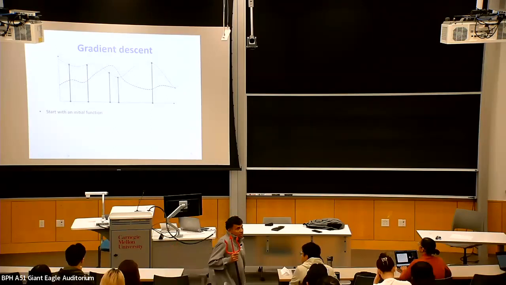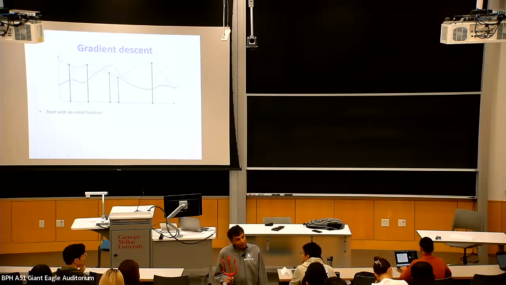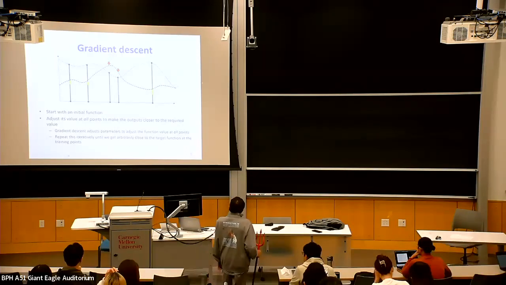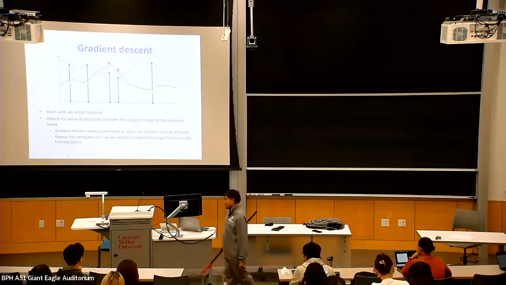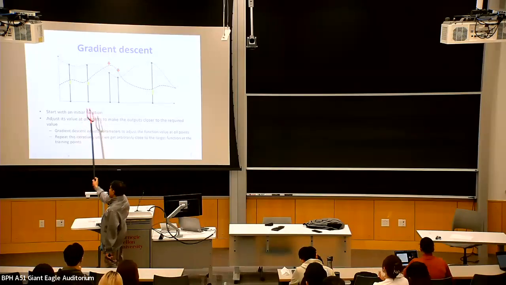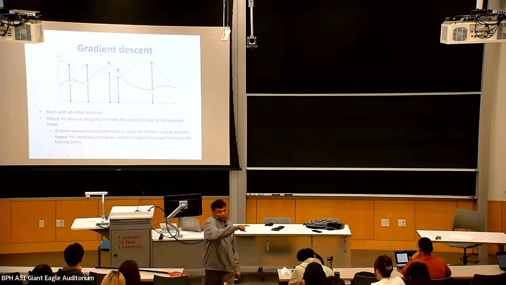At which locations are we explicitly updating the error, decrementing the error? At the training samples. Nowhere else, we don't have data at other places, right? And so we adjust the function at all values where we have training samples to make the outputs closer to the required value. So at the first two locations, the function that we compute is incremental.